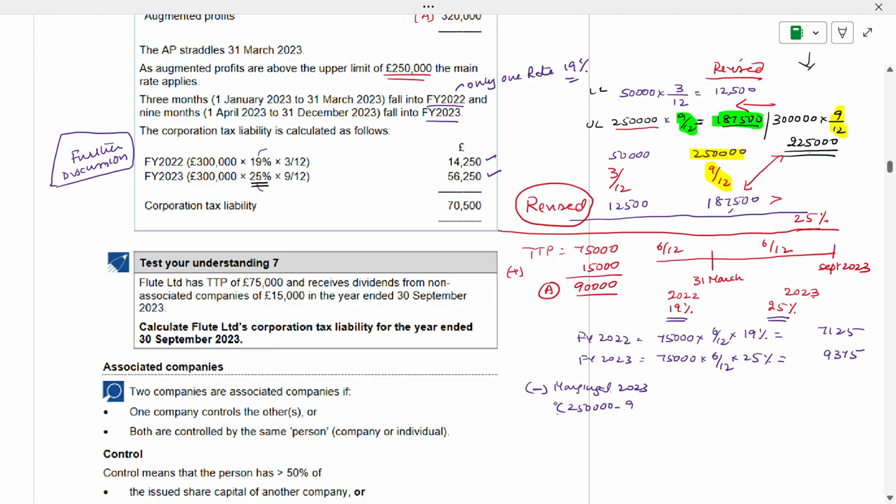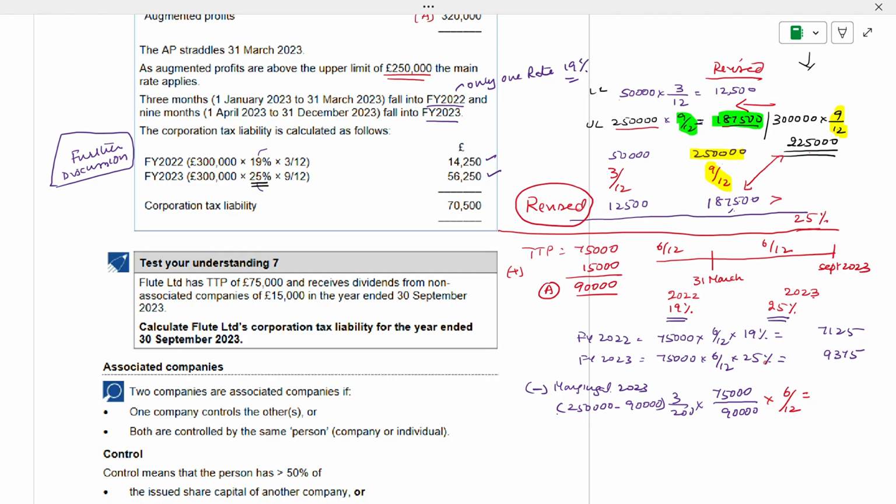Now, less marginal relief. Marginal relief we will get for which year? 2023. How much is the upper limit? 250. 250 minus augmented profits, which is 90,000, times 3 by 20, 200, times TTP, which is 75,000, over augmented profit, which is 90,000.